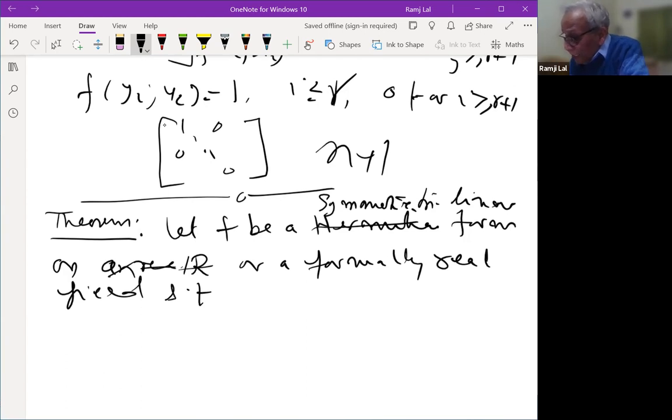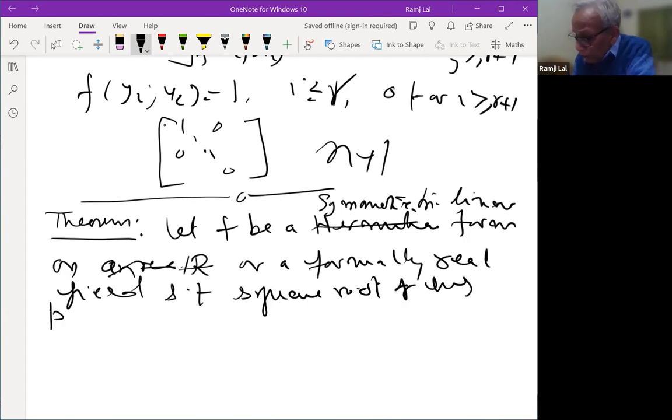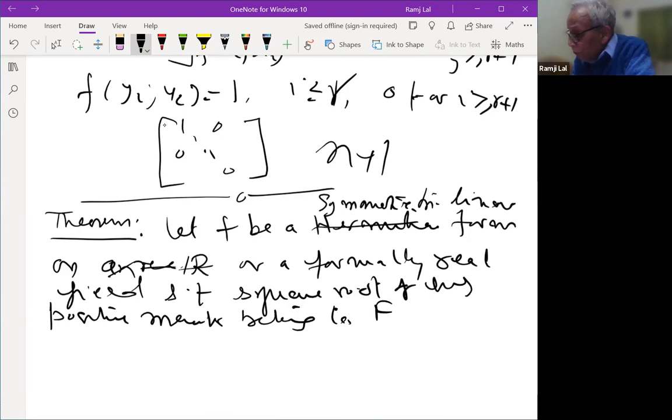Such that the square root of every positive member belongs to the field F. So for example, F is R itself.